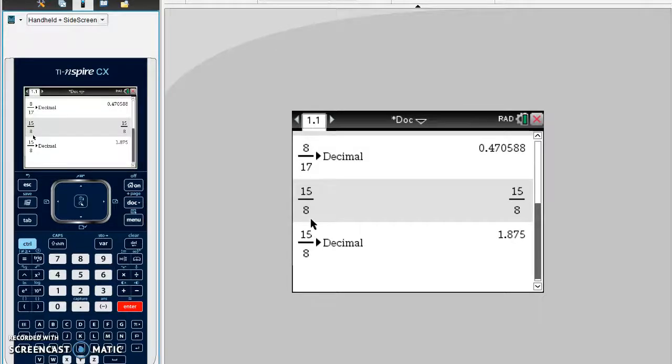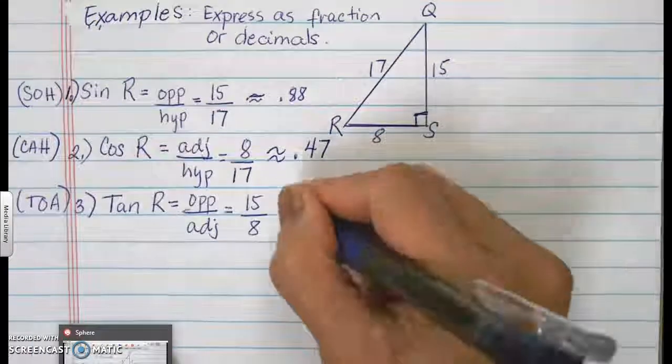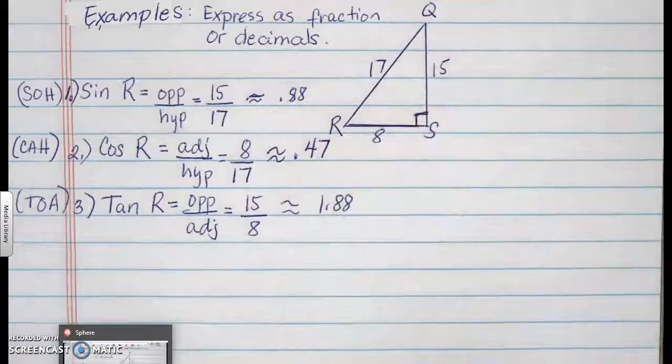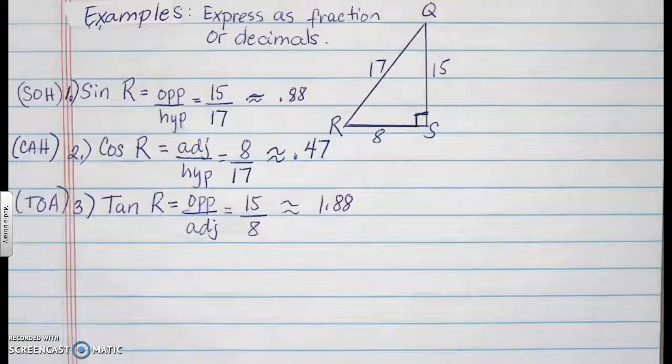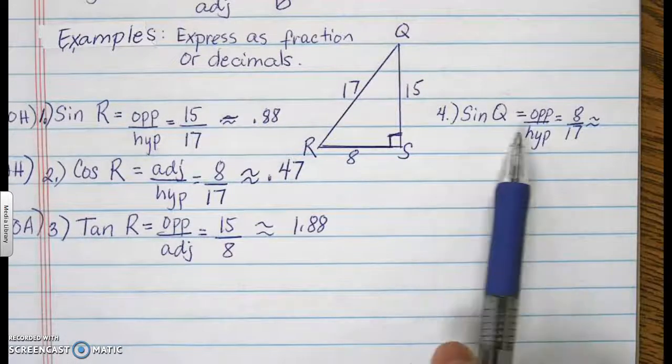Your answer is 1.875, because you need to round, so this is approximately 1.88. Let's check that again. Yep, 1.88.